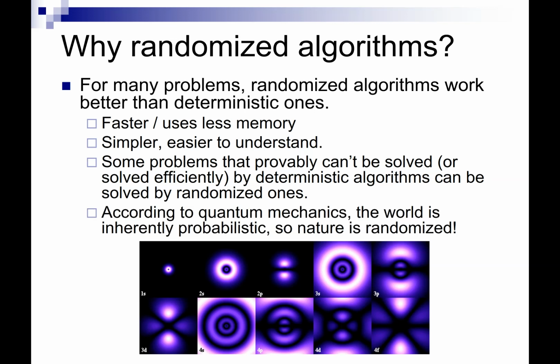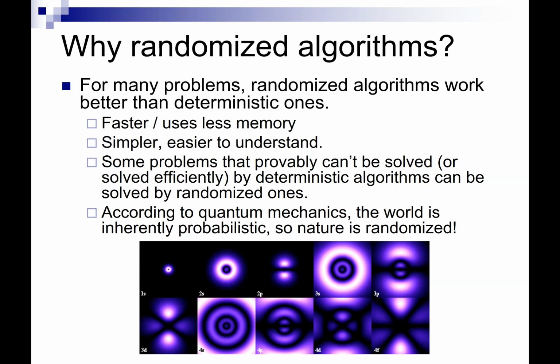And finally, if you look at this picture down here, these are the orbitals of electrons in quantum mechanics. Quantum mechanics is basically our best way to describe the universe that we live in, and quantum mechanics is inherently probabilistic. There are many phenomena in quantum mechanics which are randomized.